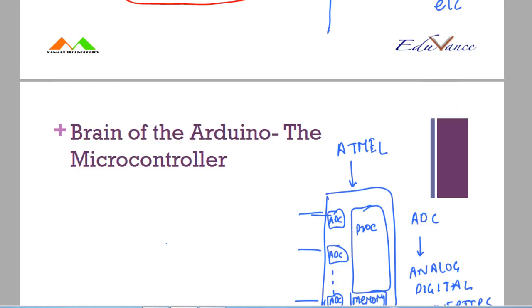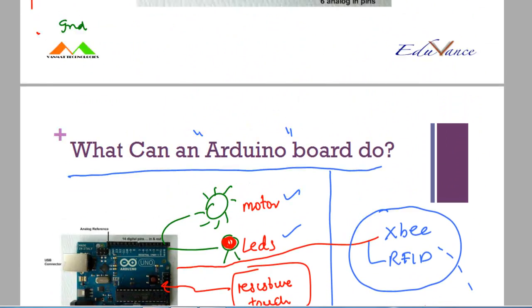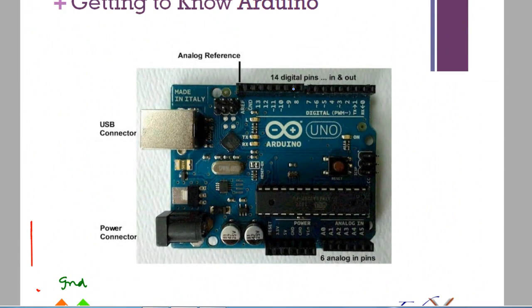So if you remember, 2 slides ago, we had these analog pins which would then go and interface directly onto the ADCs on the chip, which would then feed on to the processing element based on the program that is stored in my memory.